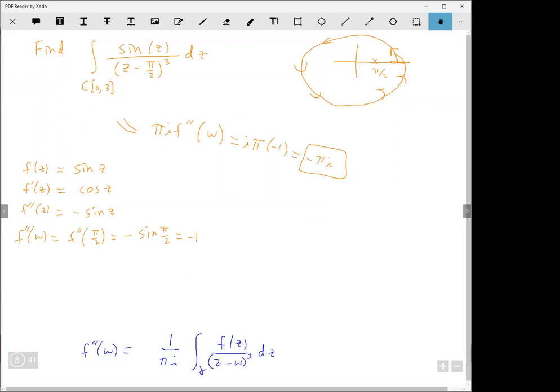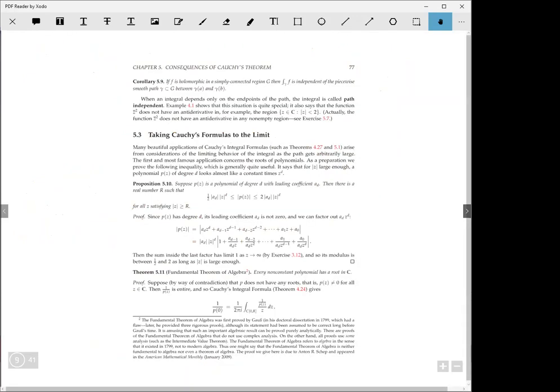Okay, let's see, where are we? The next thing I want to do is, an interesting thing happens if we take Cauchy's formulas to the limit.